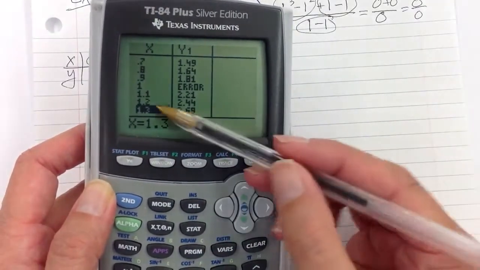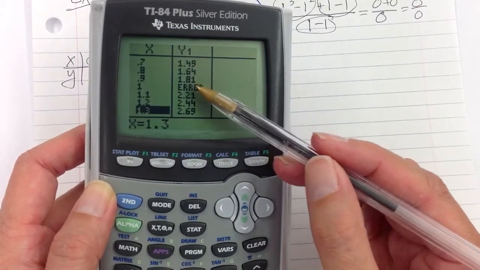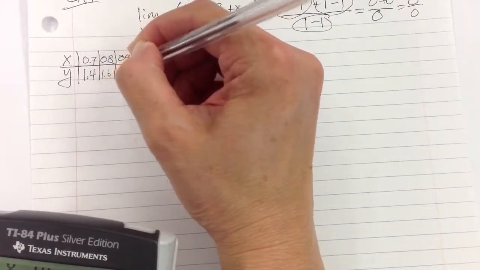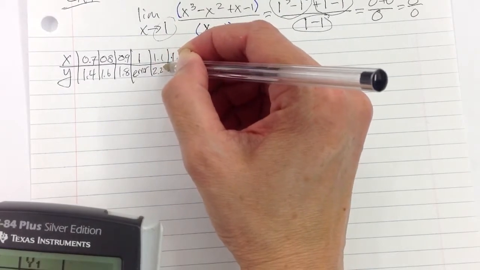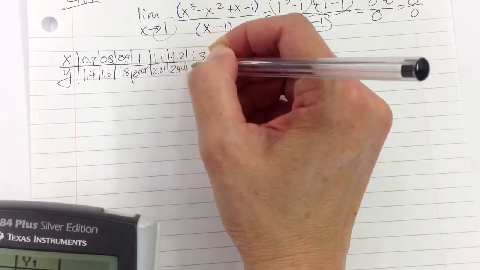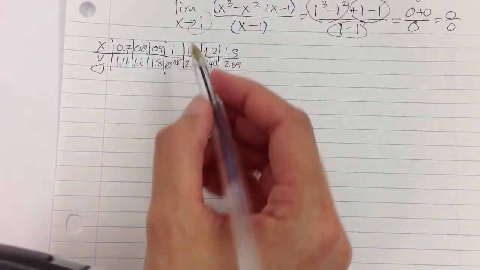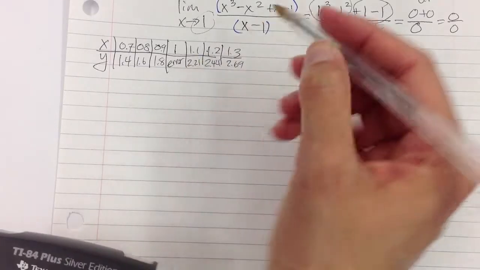Okay, so this is where I want to be. Here's my error. Before 1 we get 1.4, 1.6, 1.8, and then after 1 we get 2.21, 2.44, and 2.69. So you can tell that in between here is 2, right?